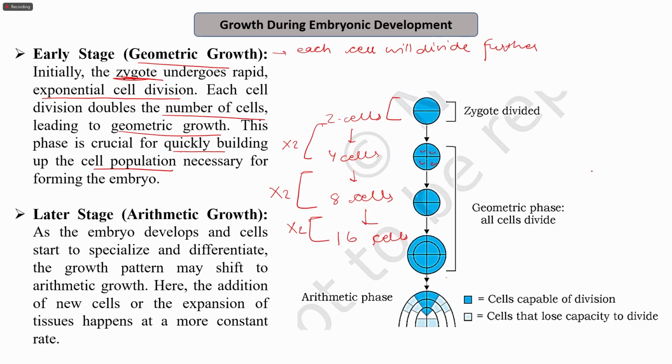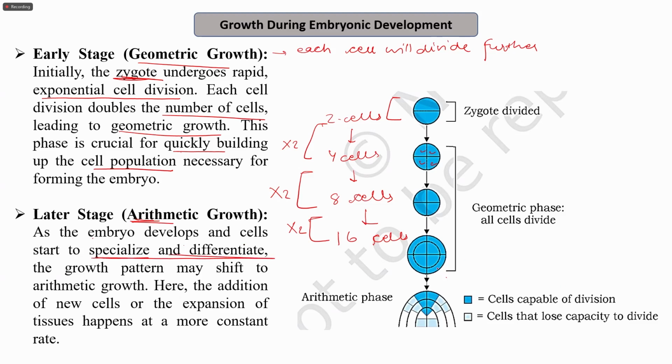Since at the start of development we begin with only one cell, the zygote, we need to create more cells rapidly, and therefore geometric growth is required at that stage. Later on, the arithmetic growth pattern is followed, as the embryo develops and cells start to specialize and differentiate.